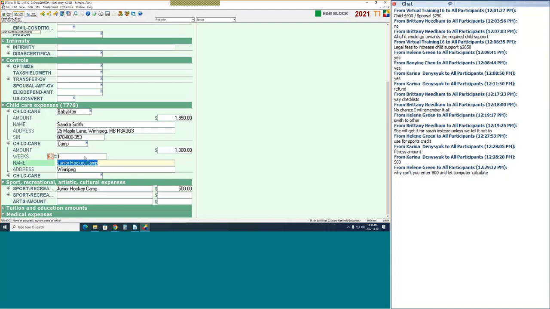Now I want to show you something else. What if he also had a $100 arts camp, or not a camp, I'm not going to say camp because then I'm going to be dealing with childcare. What if he had a $100 week-long after-school art program? So he's doing some form of visual arts.